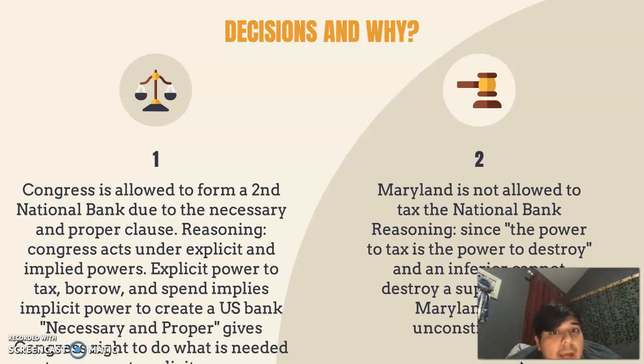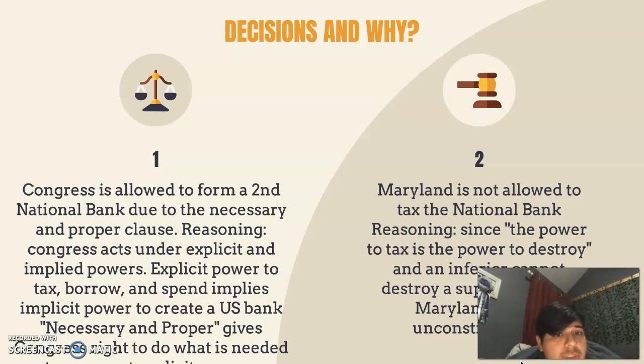Now, let's talk about why they decided what they did. First off, the ruling was 7-0, and they all favored McCulloch, and here's why. The first question was whether Congress was allowed to form the Second National Bank.